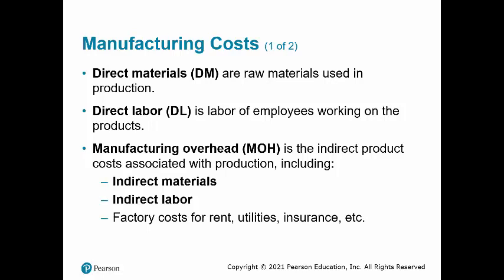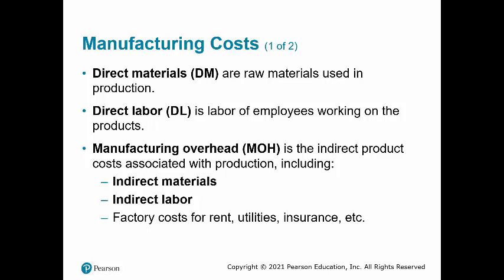Direct materials and direct labor are direct because both of these can be easily and cost effectively traced to the product. The third cost is what we call manufacturing overhead.